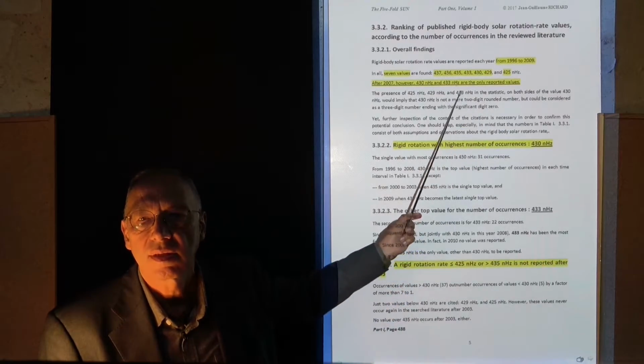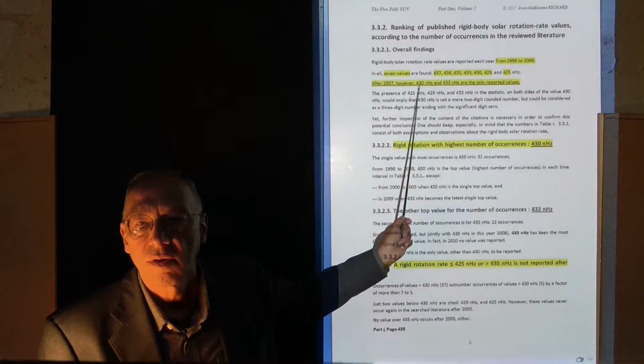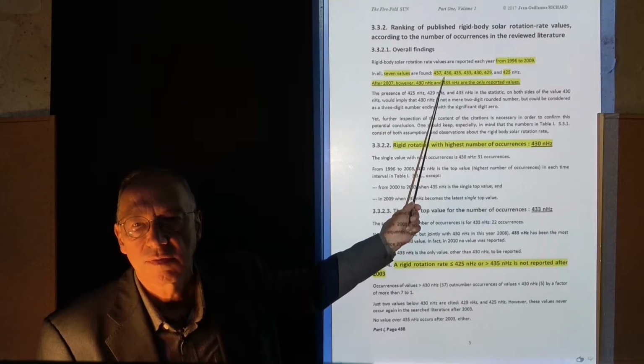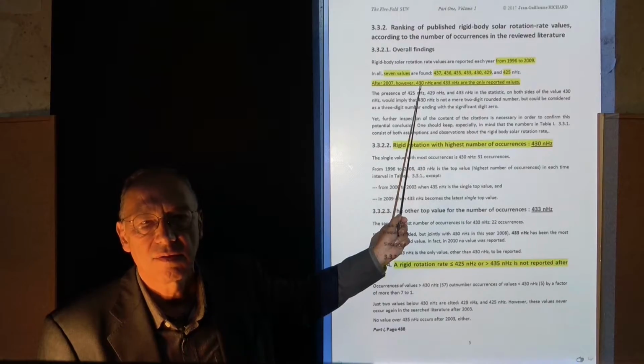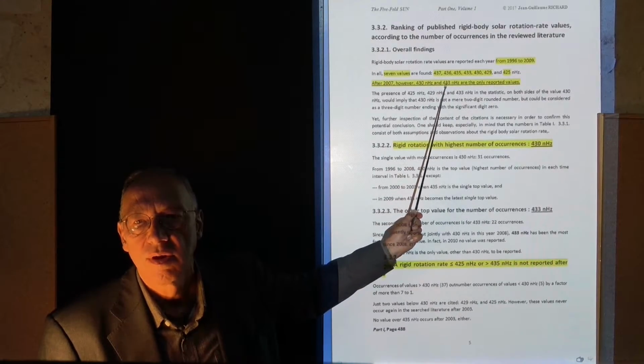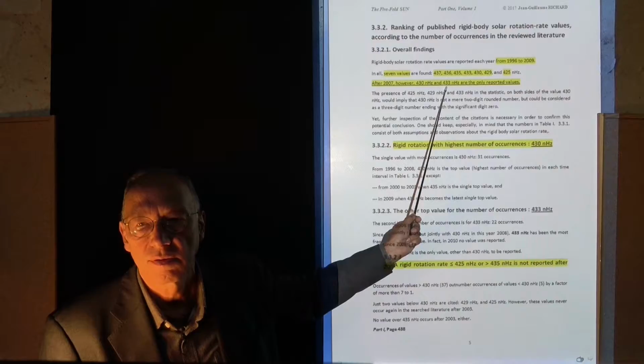We see that after 2000, only 2 values out of this set of 7 values were again reported, either 430 nanohertz or 433 nanohertz.